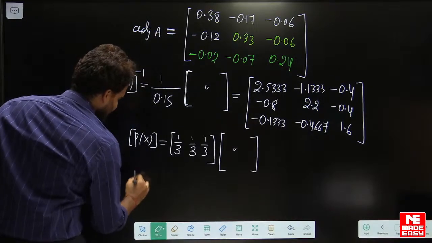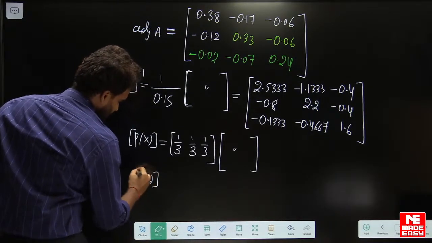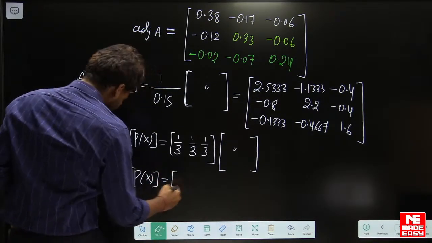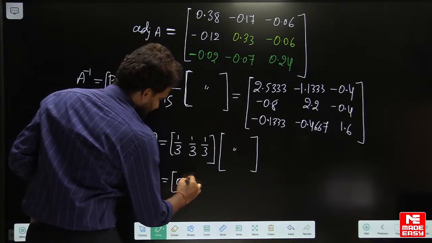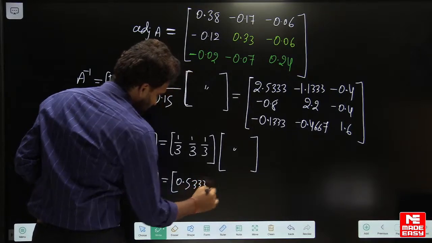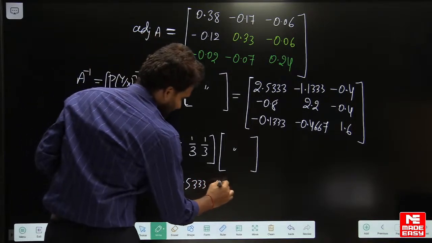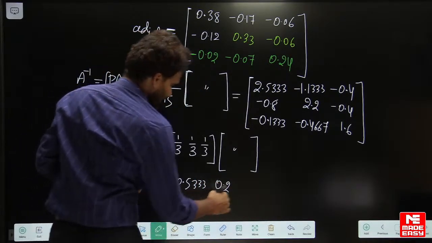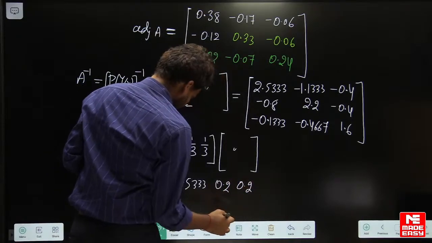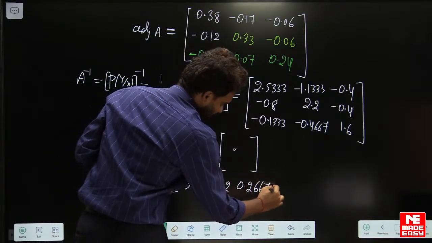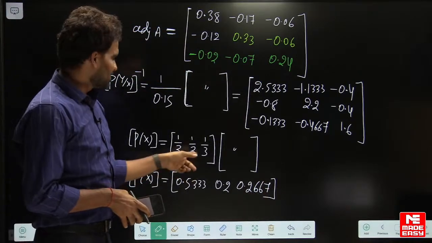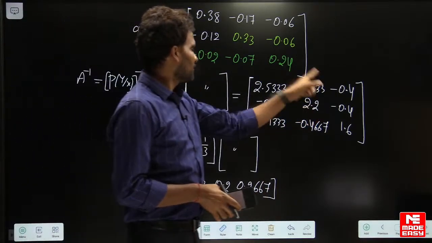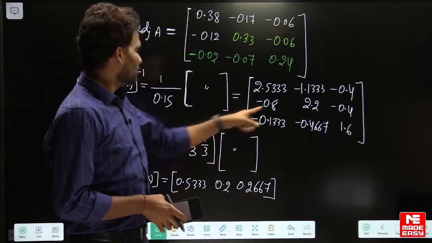If you do that, you will come to know Px will be equal to 0.5333, 0.2, and 0.2667. Do the matrix multiplication.